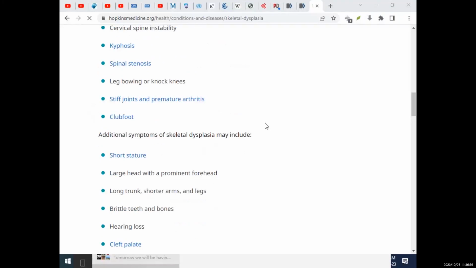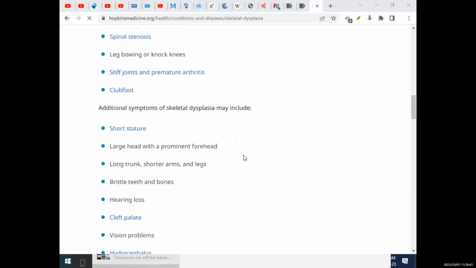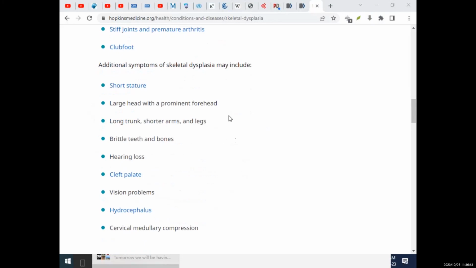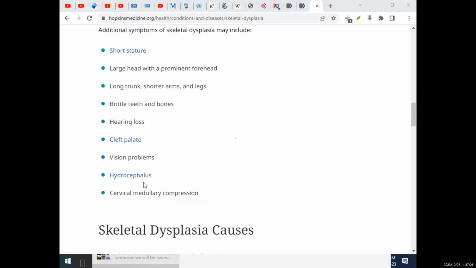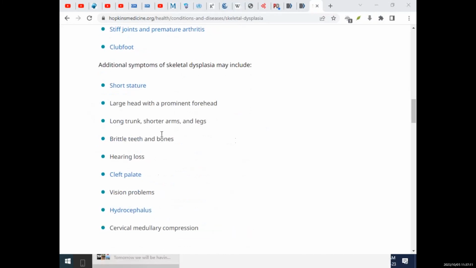In the things that Bob is falling into currently, I see short stature. That's probably one thing. Large head with prominent forehead, long trunk, shorter arms. His ratio of upper trunk to lower trunk was just 1, right? So currently it's not here. Hearing loss, vision problems, cervical medullary compression, and hydrocephalus, all of this.